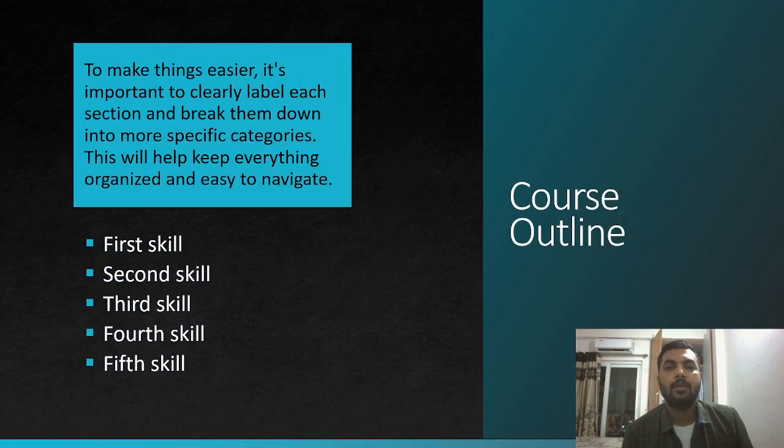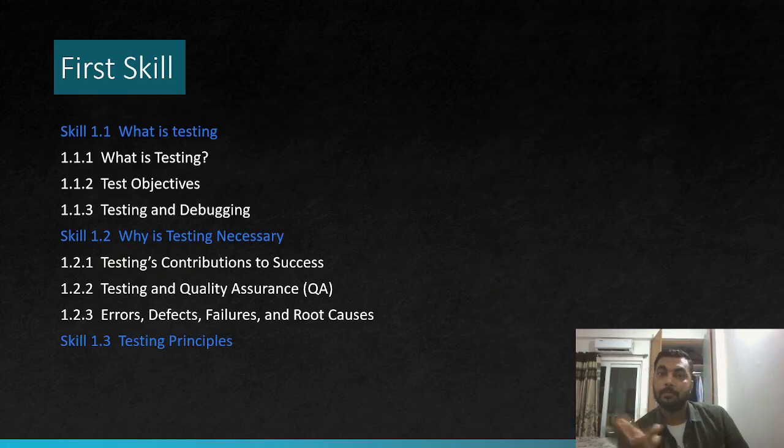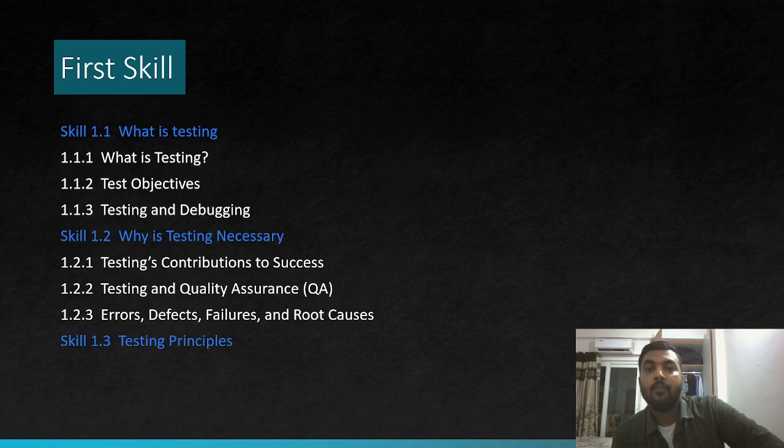In the first skill, which is part of fundamentals of testing, there are three skills. Skill 1.1 is what is testing, and under that there are subparts like test objectives, testing and debugging. Similarly, skill 1.2 is why testing is necessary.